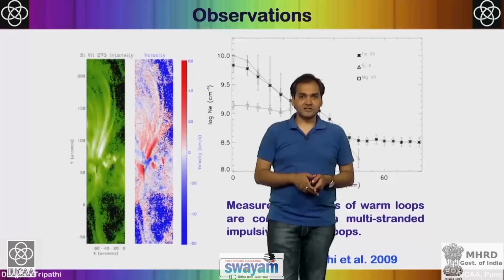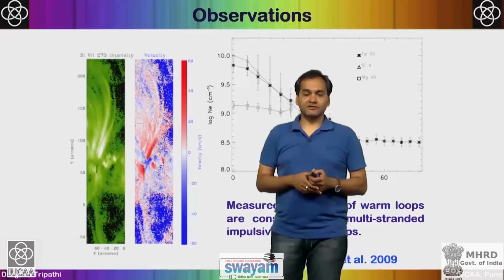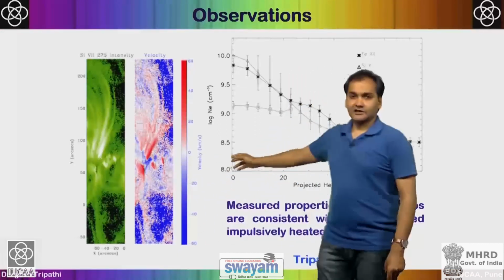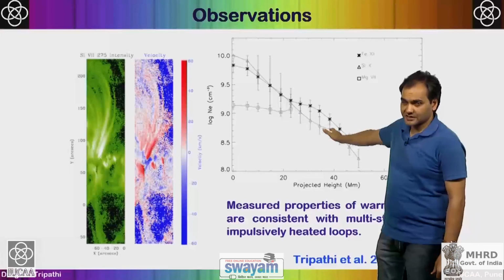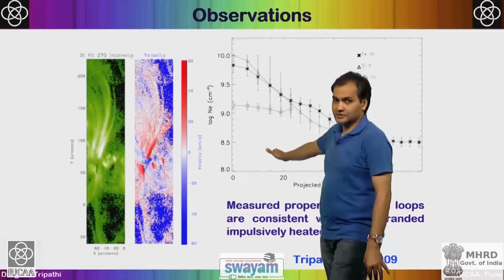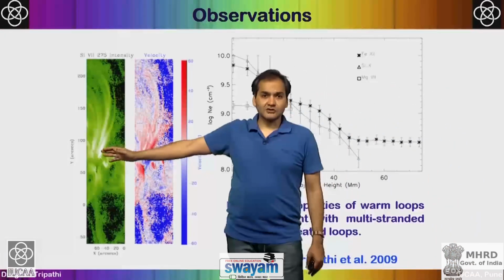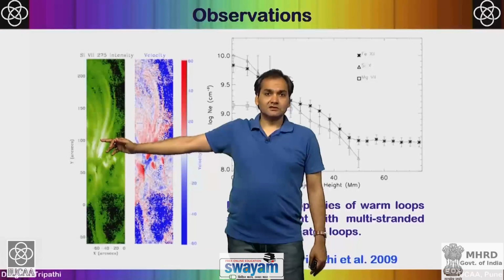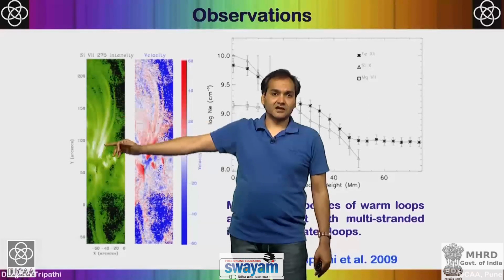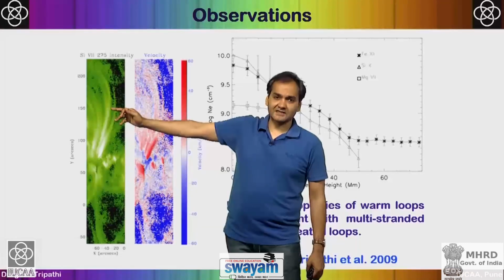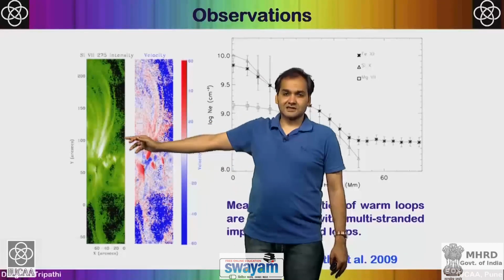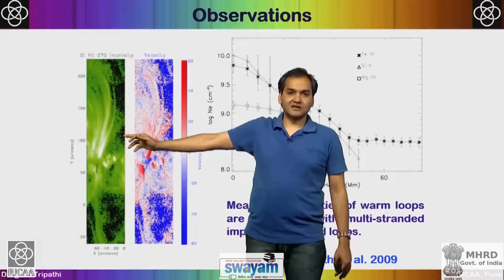And when we do observations, this is what we find: the densities are higher than what you would expect from hydrostatic densities. So, these loops are not in hydrostatic equilibrium, and you also measure the Doppler shift along these loops. These are taken from Hinode EIS, at just around 1,000,000 degrees, less than 1,000,000 degrees.